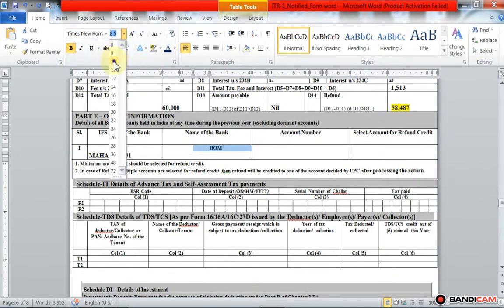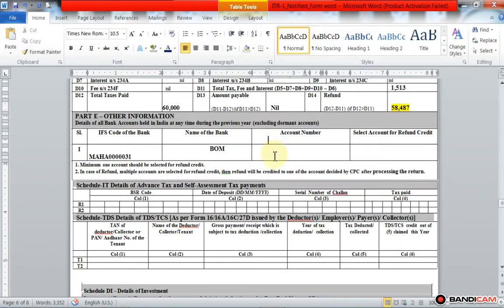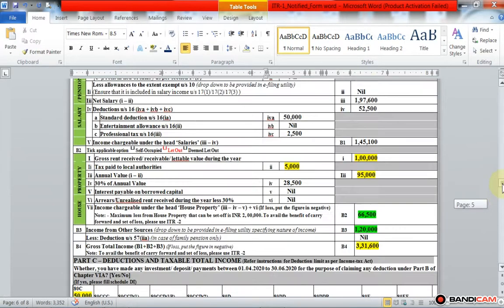Okay, Bank of Maharashtra. Then next, account number. Account number is also given. BOM means Bank of Maharashtra.